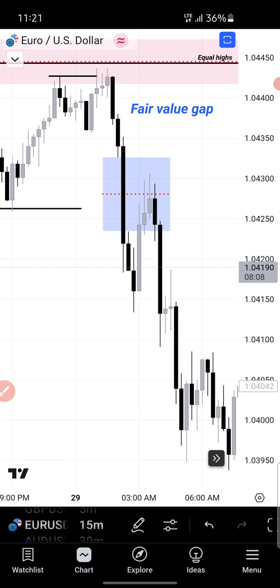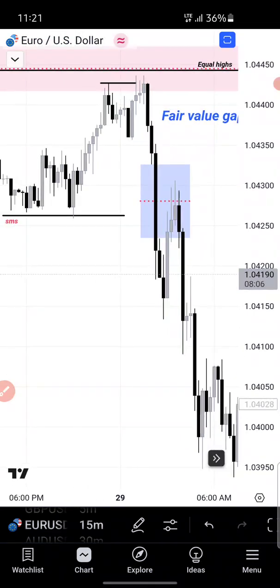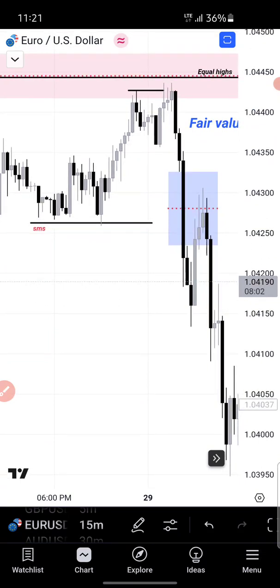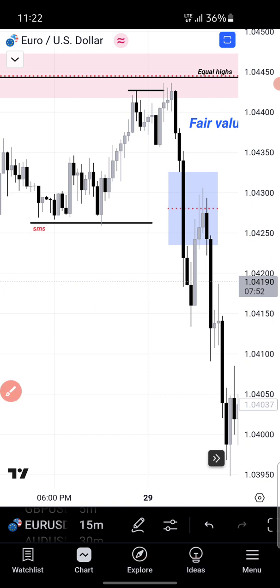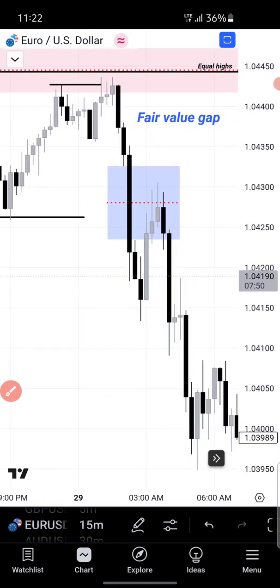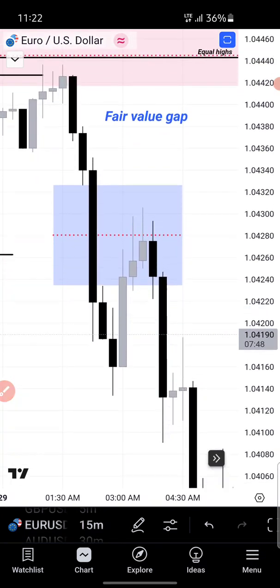What is a daily range? A daily range is simply when price takes both buy side and sell side. So price first of all took buy side here, then price took sell side here. So we have ourselves a daily range. So now price returns back to the consequent encroachment.